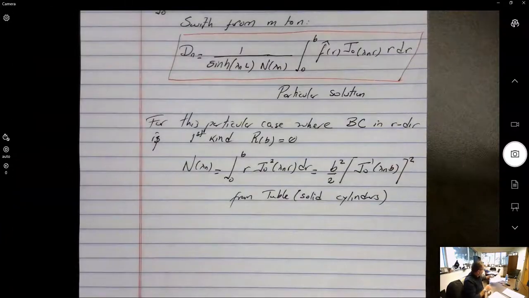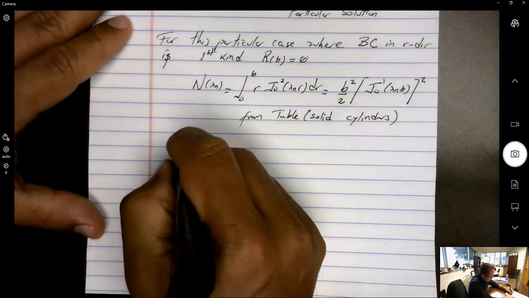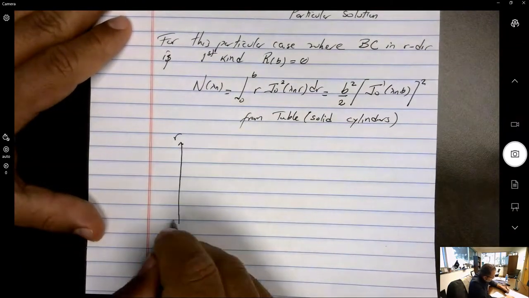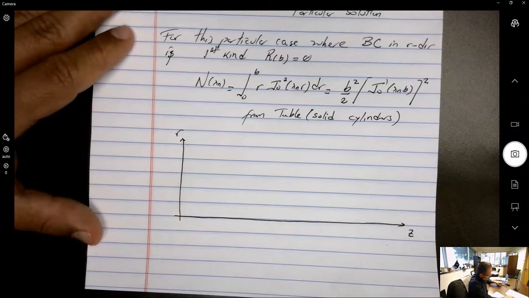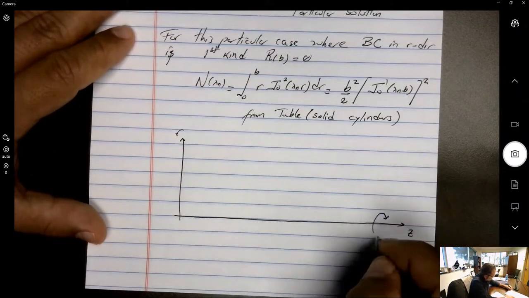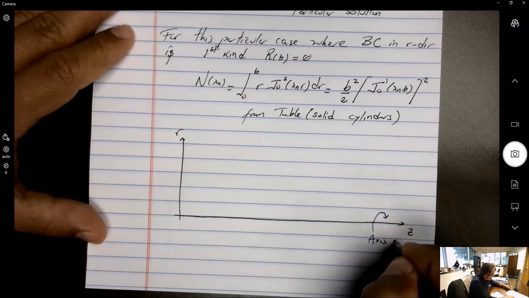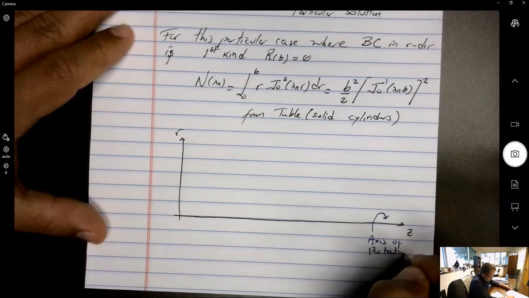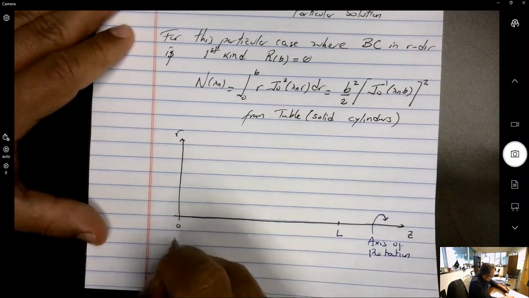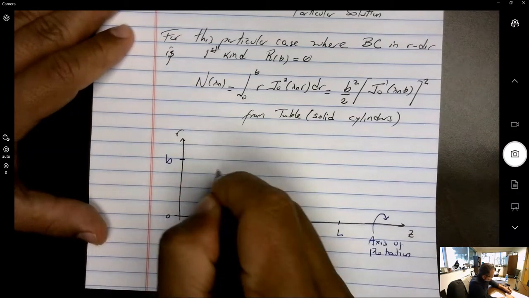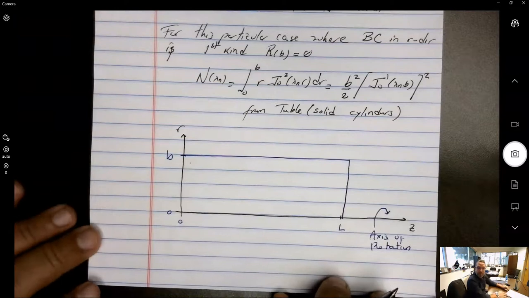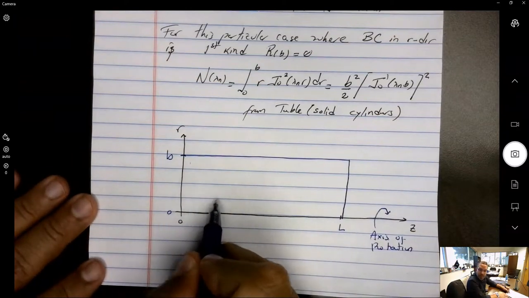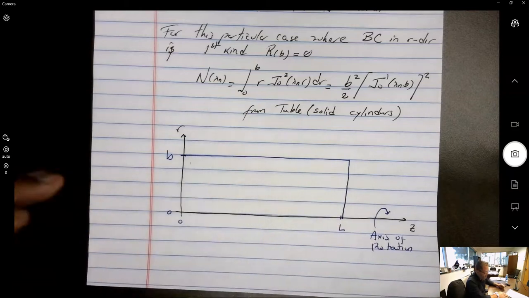So R and Z. So our axisymmetric solutions are plotted in an R, Z coordinate system, where Z is the axis of rotation, and this goes from 0 to L, and this goes from 0 to B, and basically what you have is a rectangle. A rectangle like that if it's a solid cylinder, or a rectangle that starts at a value that's different than 0 if it's a hollow cylinder.